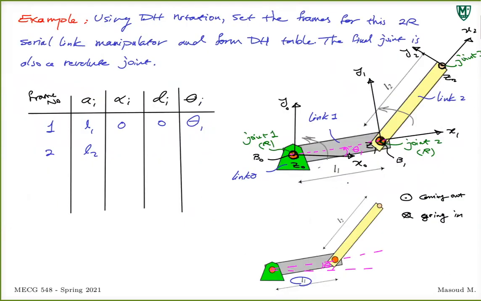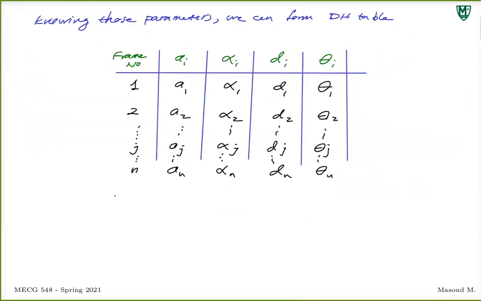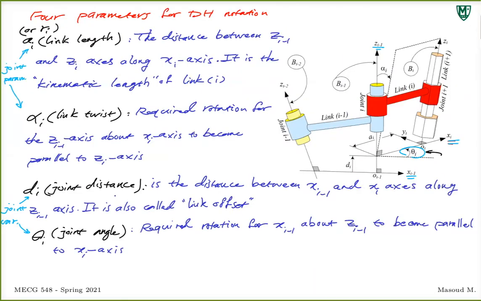Z1 and z2 are parallel, so your alpha is 0. You don't need any rotation to make them parallel. D2 is the distance between x1 and x2 along z1, since i is equal to 2.